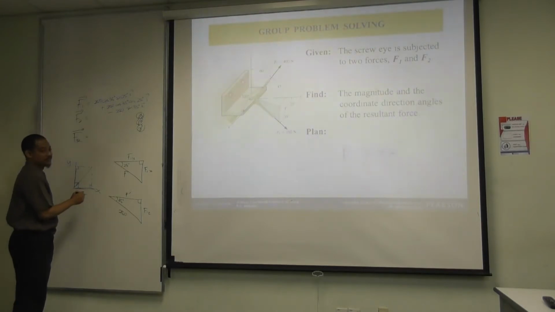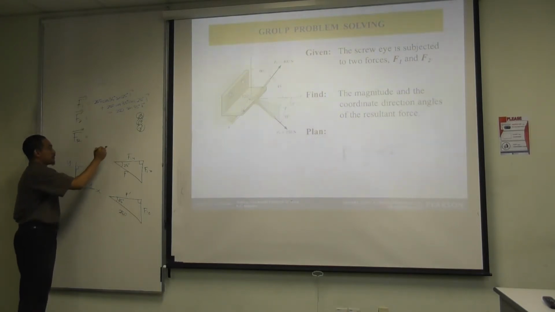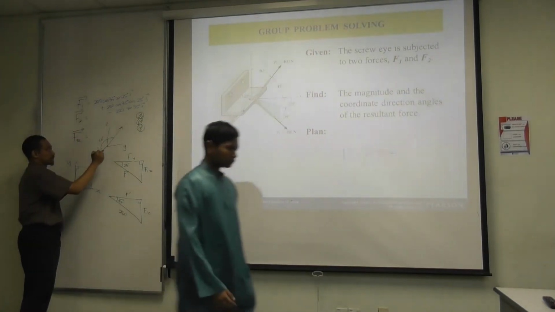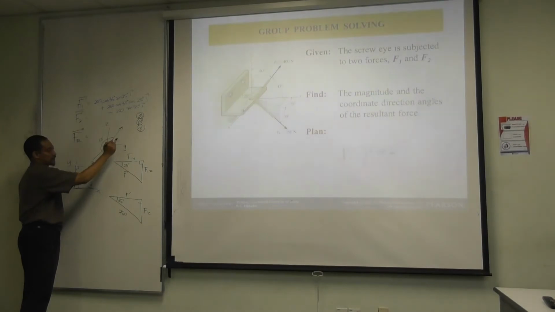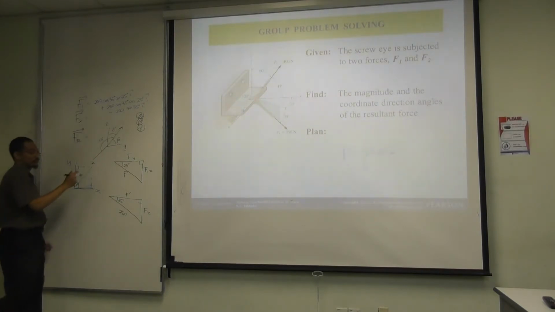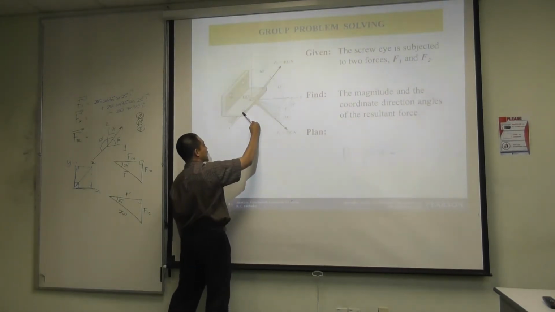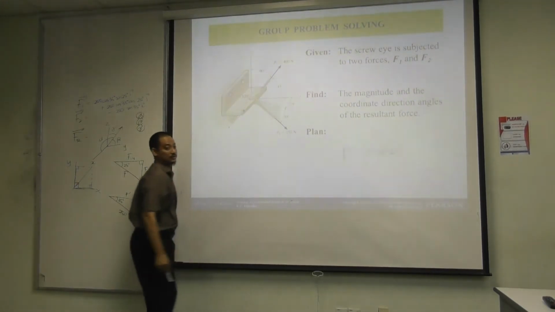Alpha is the angle the vector makes with the positive x axis, beta is the angle it makes with the positive y axis, and gamma is the angle it makes with the positive z axis. So that's by definition, and if you look here, it gives exactly that.